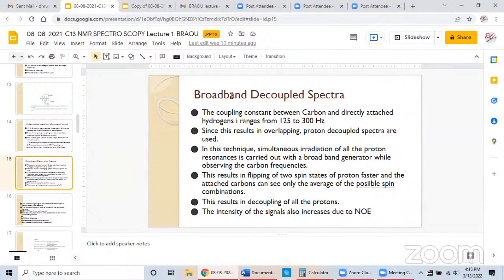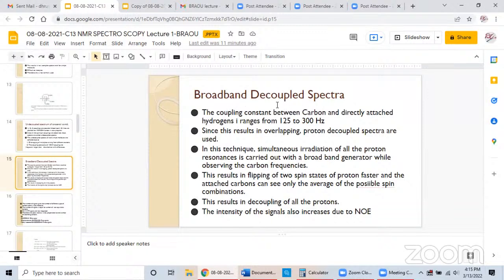So how is it done? We use a broadband. What is this broadband? Broadband consists of all the radio frequencies related to the proton frequency range in organic molecules. You take a broadband consisting of proton frequencies and irradiate the sample. In that case, what happens? All the protons undergo faster excitation and relaxation.